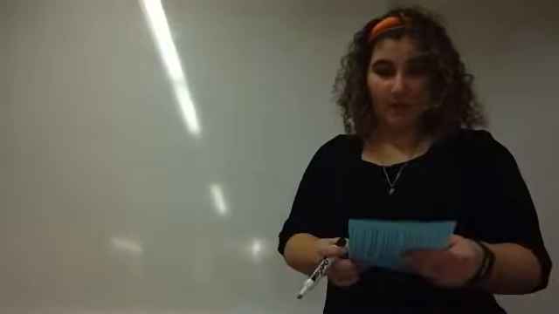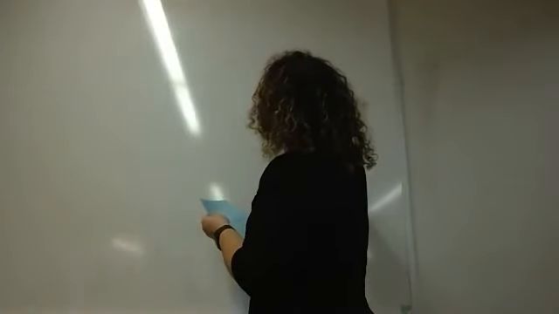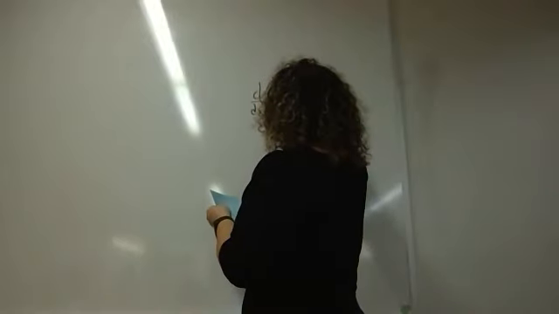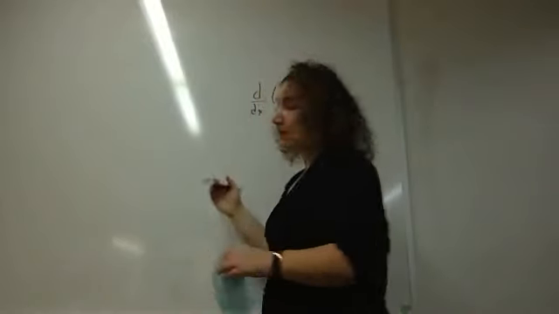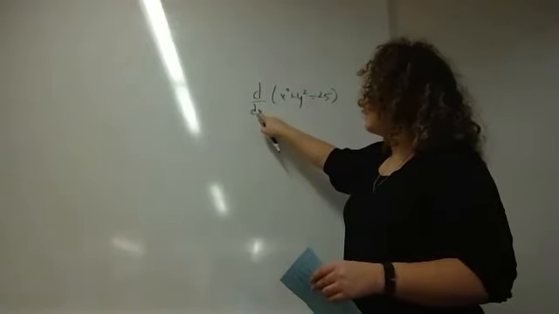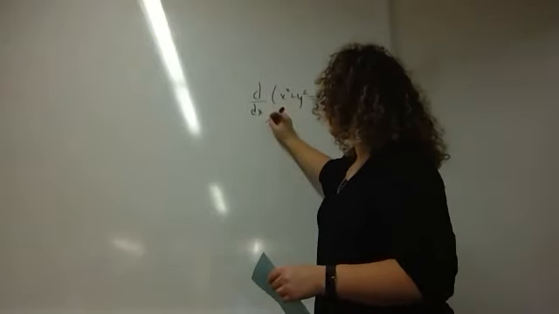So if we have an example of implicit differentiation, take the derivative of x squared plus y squared equals 25. If we do implicit differentiation, we have it with respect to x. So when we do the x, we're going to get 2x.